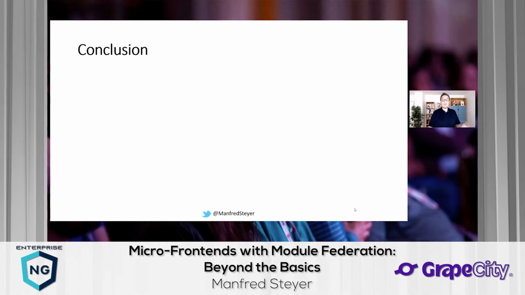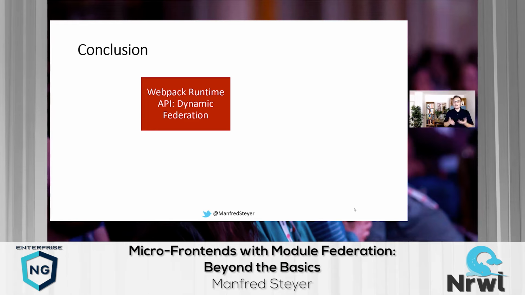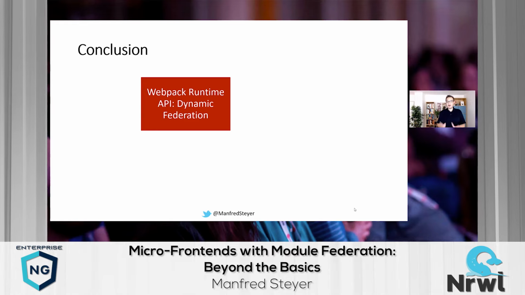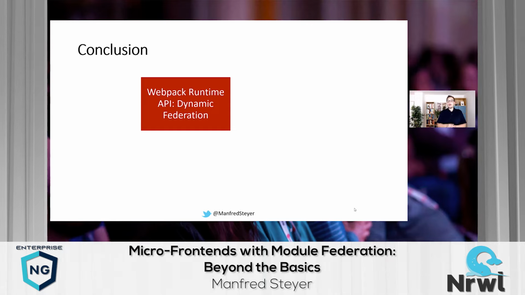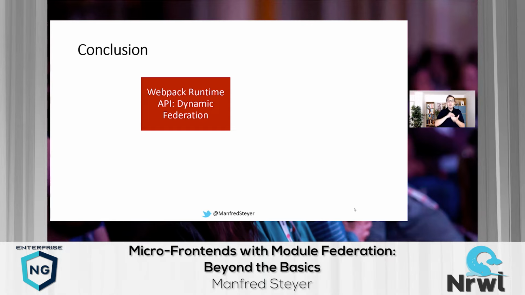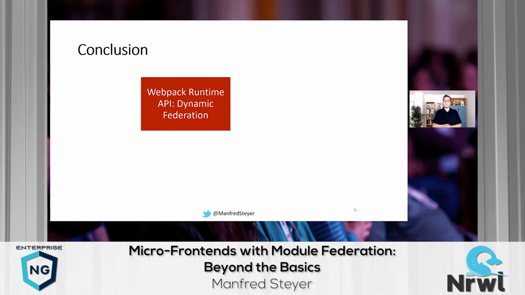Now we can come to the conclusion of all of this. What did we see today? Well, we've seen that dynamic federation is also quite easy because there is this Webpack runtime API allowing us to configure Webpack at runtime and to load a micro-frontend on demand.